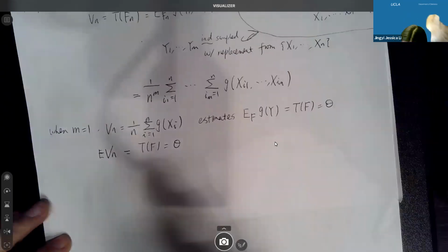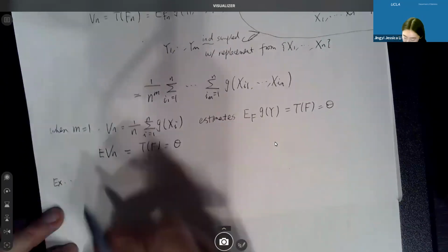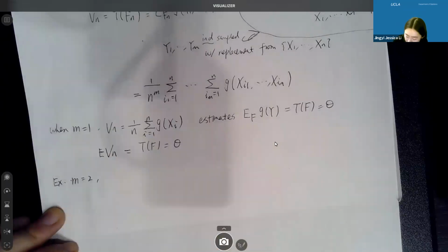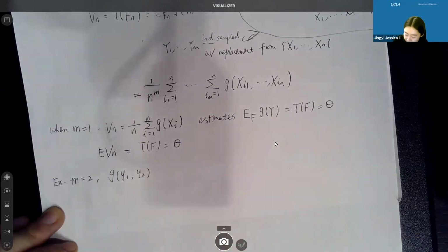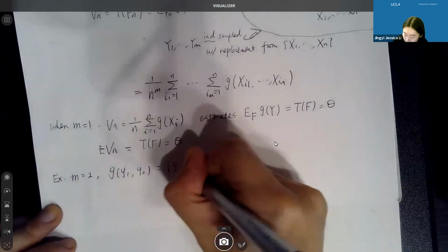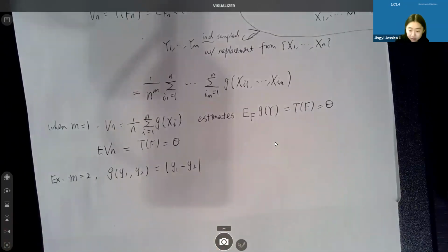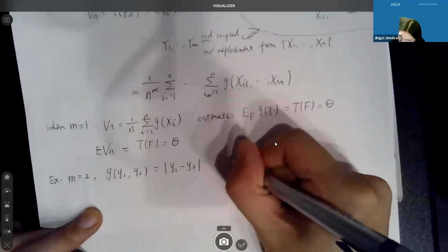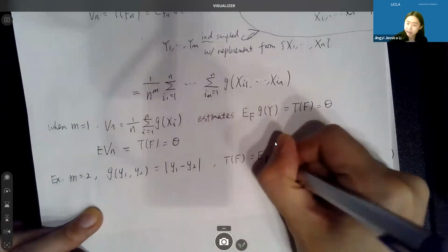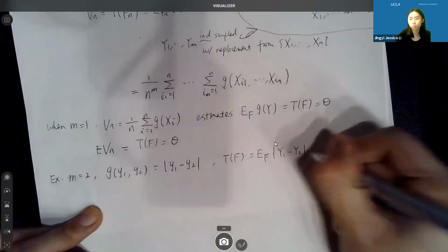Let's say m equals 2, and we define the g function with 2 arguments as the absolute difference of its 2 arguments. With this g, let's see what the corresponding statistical functional is. T(F) will be the expectation under F of the absolute difference |Y1 minus Y2|, where Y1 and Y2 follow F.